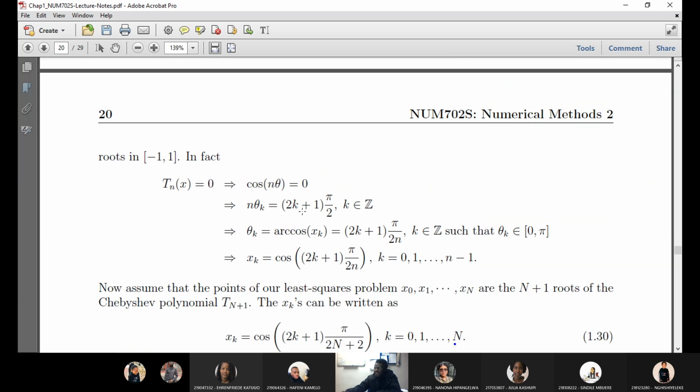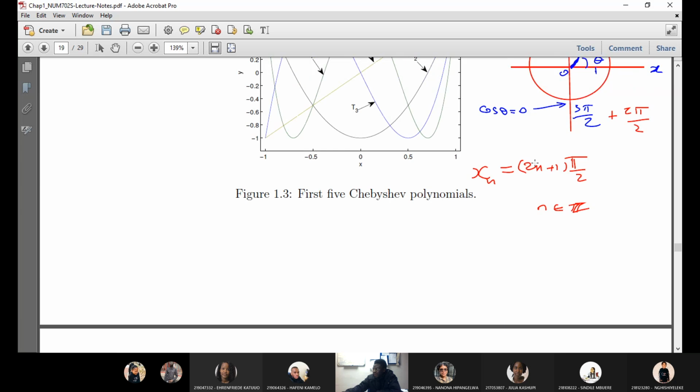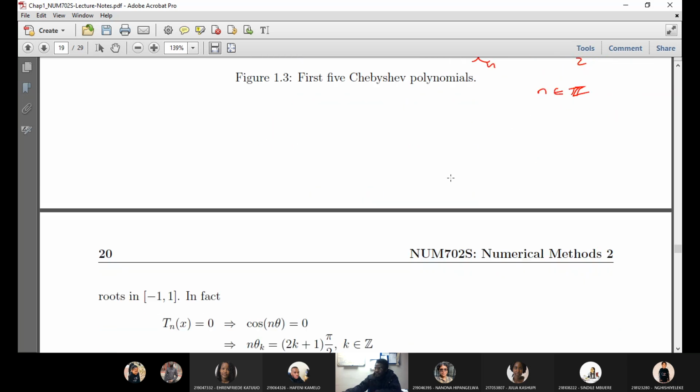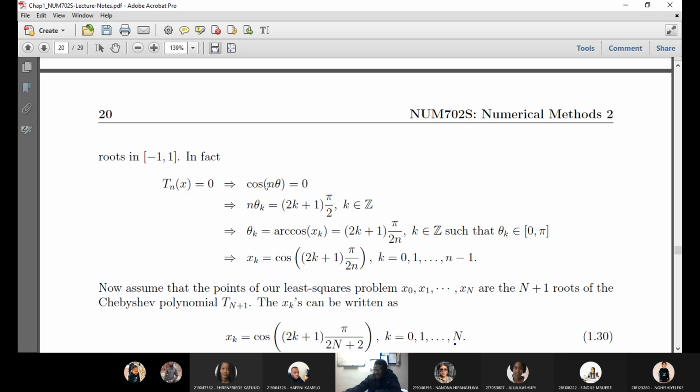So you see, that's exactly what I wrote here. So this angle, which is n theta, of course, n theta sub k to indicate that it depends on this k, right? What I call n here is our k. So because this angle, which I call x sub k, is n theta sub k.